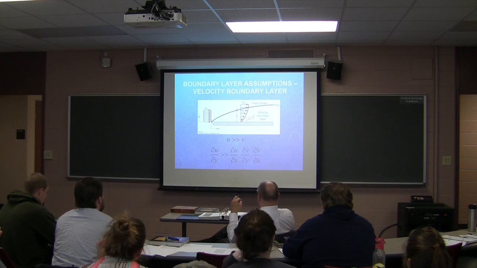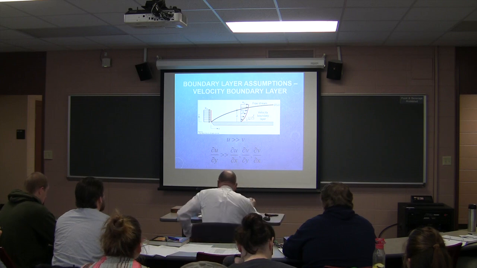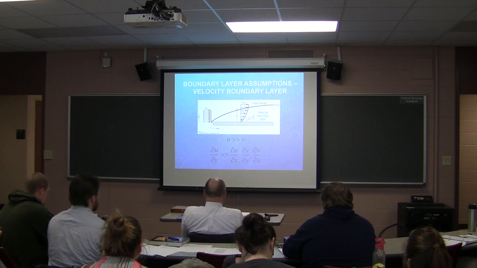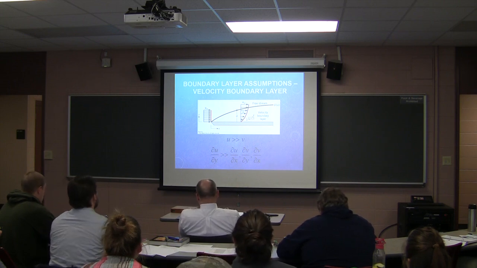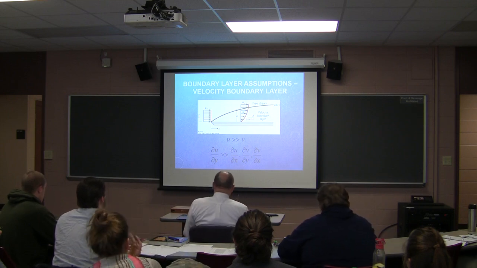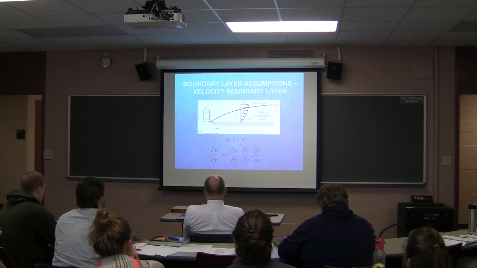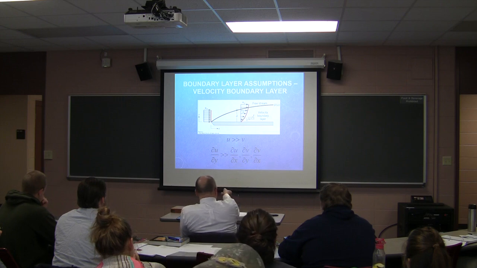It's very interesting. So anyway, these boundary layer assumptions were made by Schlichting, Prandtl, and then Blausius, along with a number of other people. And the reason they're used is because they do represent a good estimation of what's going on in the boundary layer.